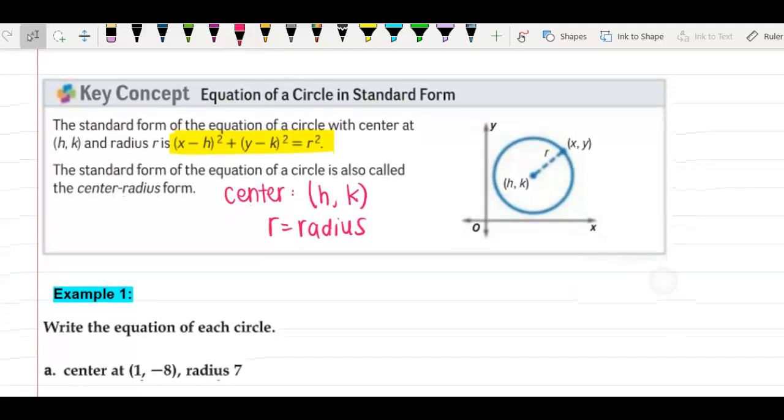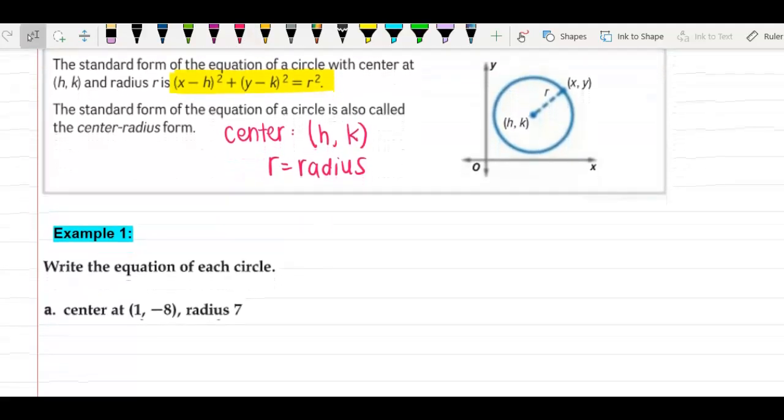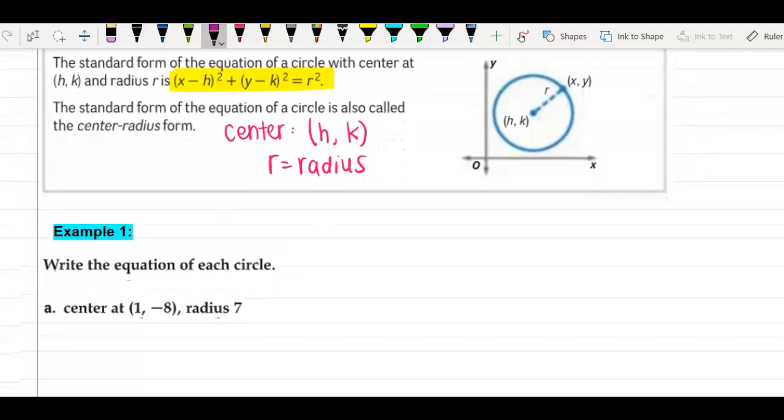So we jump into our first problem. We have x minus h squared plus y minus k squared equals whatever our radius is squared.